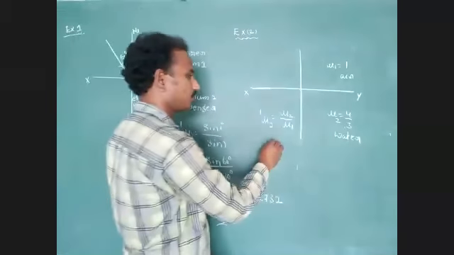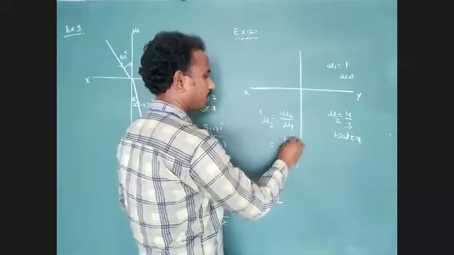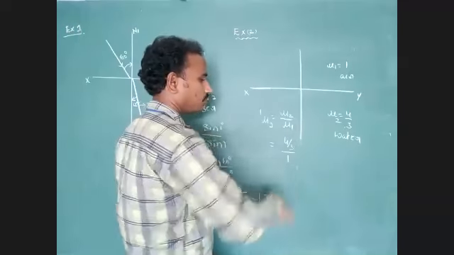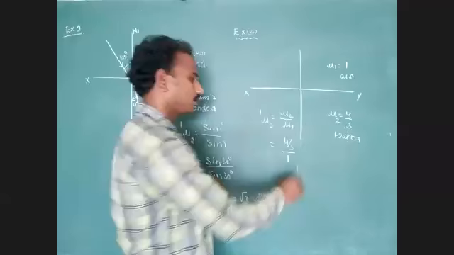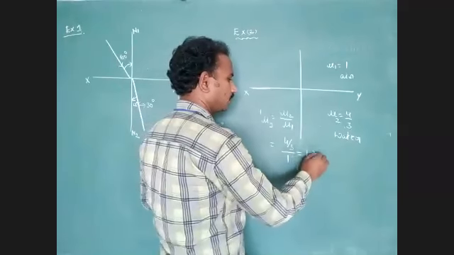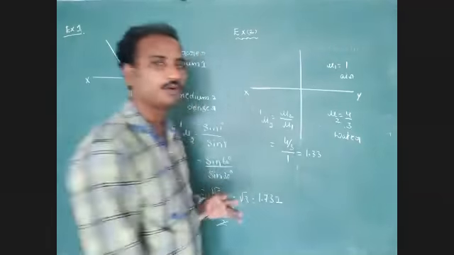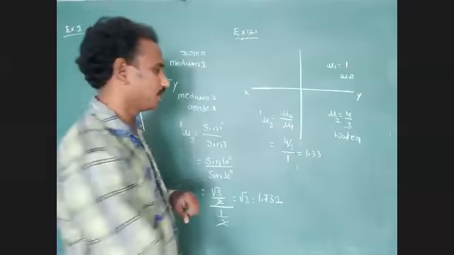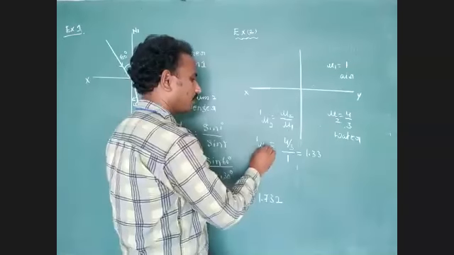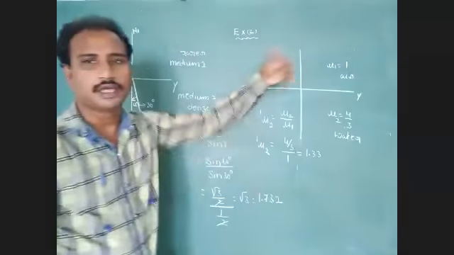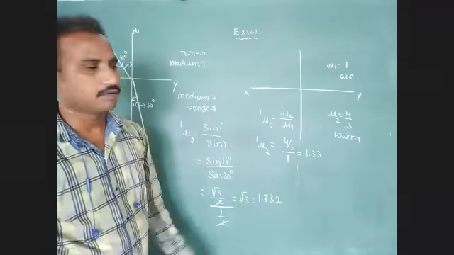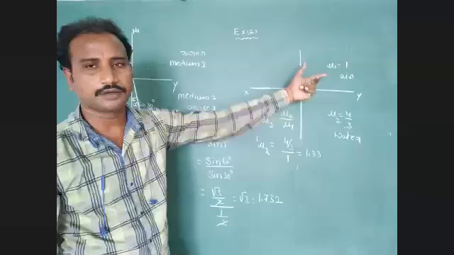So we substitute mu2 value 4 by 3 divided by mu1 value, how much? 1. 4 by 3 divided by 1, and 4 by 3 value equals 1.33. It represents the relative refractive index of water with respect to air medium.